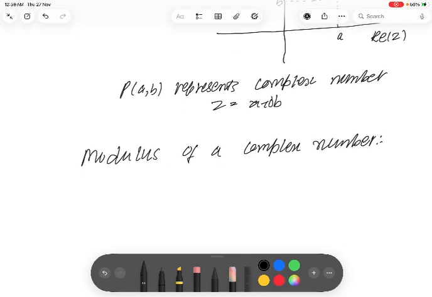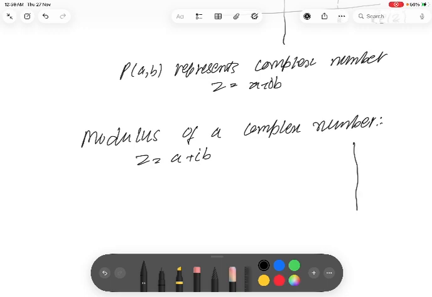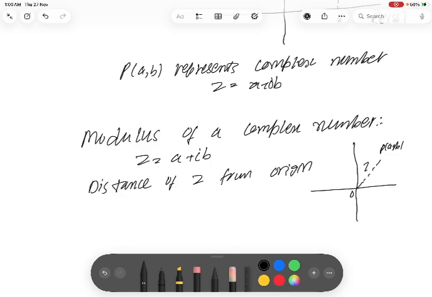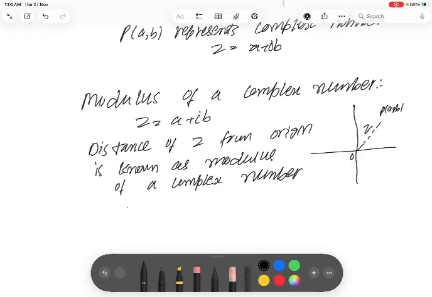If I have a complex number, consider z is equal to a plus iota b, then the distance of z from the origin is known as the modulus of a complex number, and it is written as mod z is equal to under root of a square plus b square.